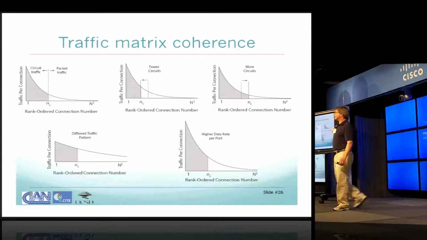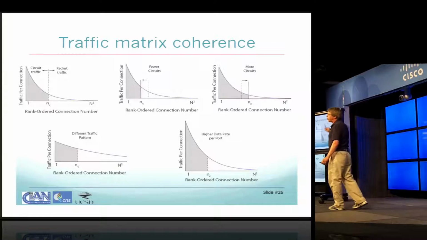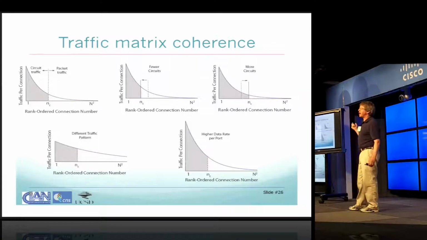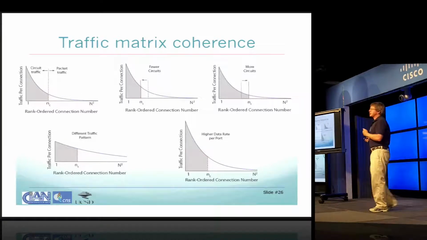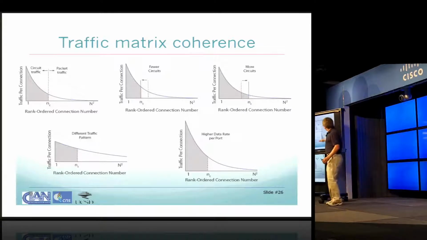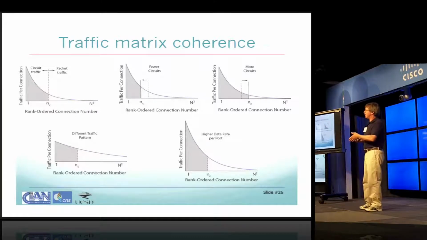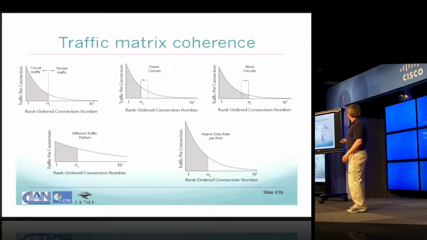What's interesting about optical circuit switching is that the rate at which you run on each port is decoupled from the NIC, meaning that the amount of data you put in a port could be 1G, it could be 10G, it could be 1 tera. The optical circuit switch doesn't care. So as the demand scales up, you can still support the same circuit switch traffic using the same type of optical circuit switch.